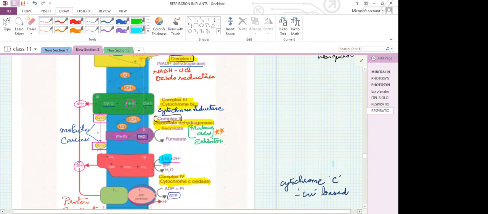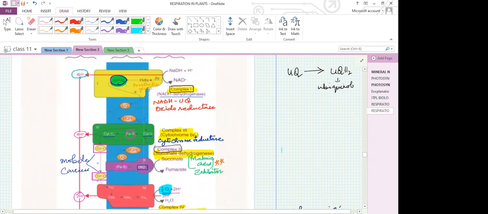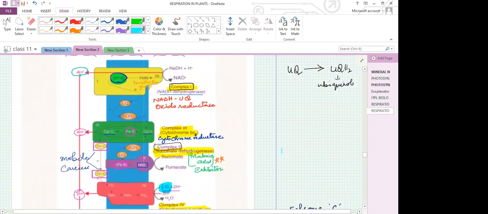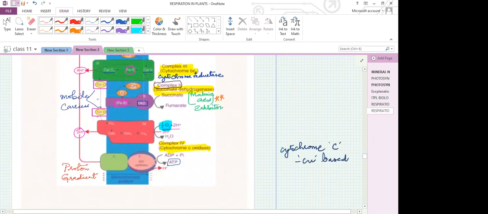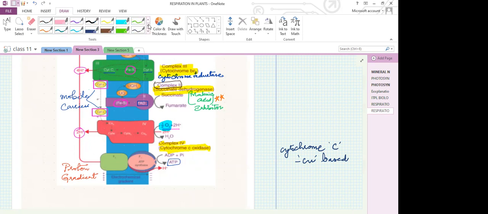Every time an electron moves from one place to another, protons are pumped into the perimitochondrial space, thus forming the electrochemical gradient. So a proton gradient is formed. Finally, there are oxysomes or F0, F1 particles, the Fernandez-Morens particles.